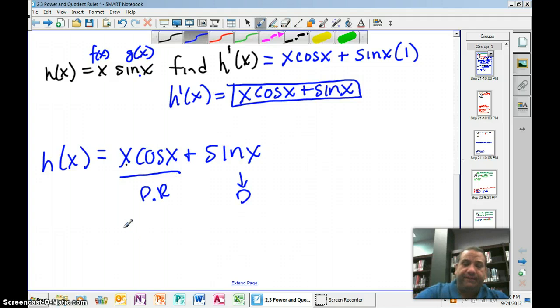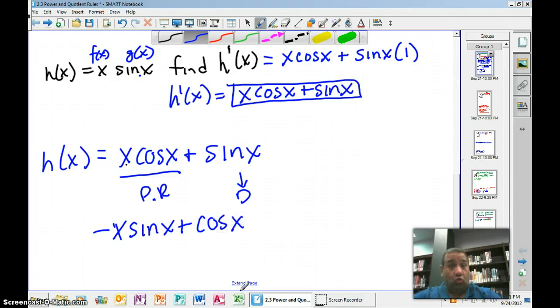So we're going to product rule that. First times the derivative of second, well, the derivative of the second, cosine, is negative sine. Do you see how I did that? First times the derivative of second plus second times the derivative of first. That's it. Derivative of first is 1.